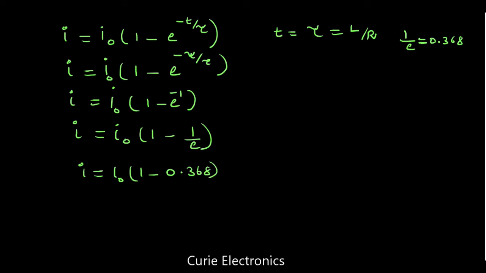We get I equal to 0.632 times I naught. From this equation we understand that in one time period the current grows to 63% of the maximum value of the current.